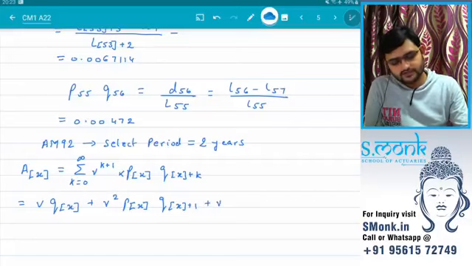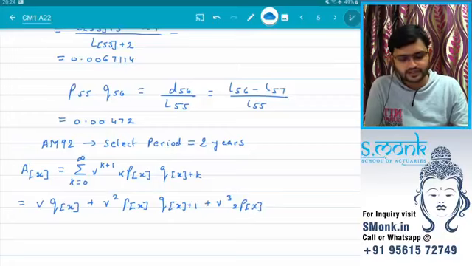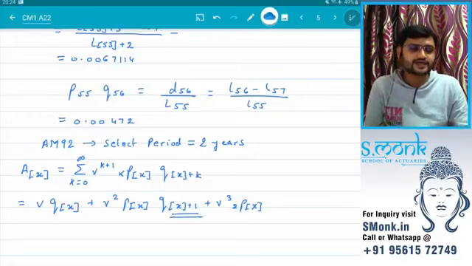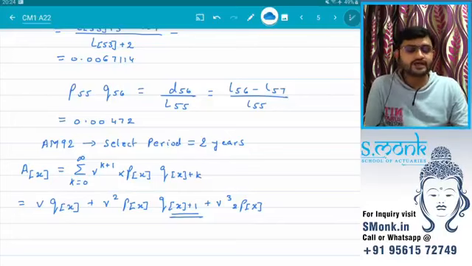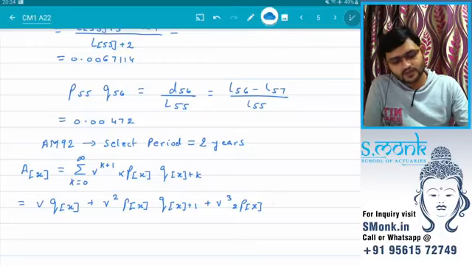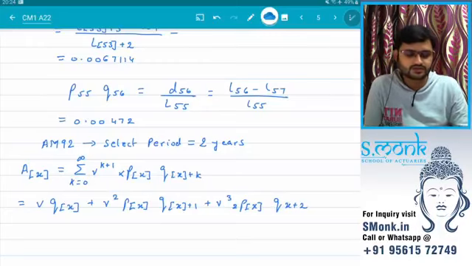then we'll have v cubed, 2px, 2p again, x is still select period, so select x, but now when the age becomes x plus 2, when the age becomes x plus 2, our select period goes away. So age becomes x plus 2 and select goes away, so I will be writing x plus 2 here.